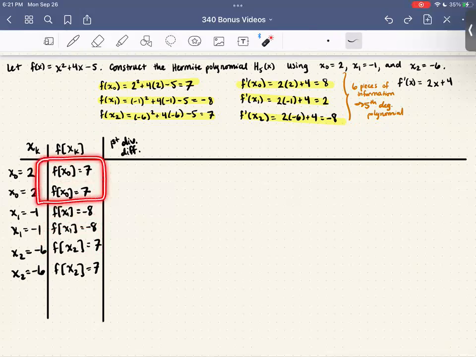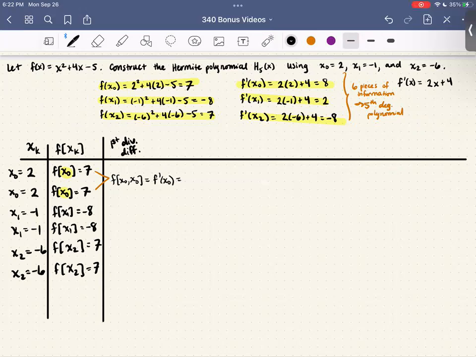So first I'm going to use these two values to make a divided difference, using x0 and x0. So my first divided difference looks like f[x0, x0]. And we saw in class that when we have a repeated node, we're going to define this to be the derivative of our function at x sub 0, which we computed already is 8.